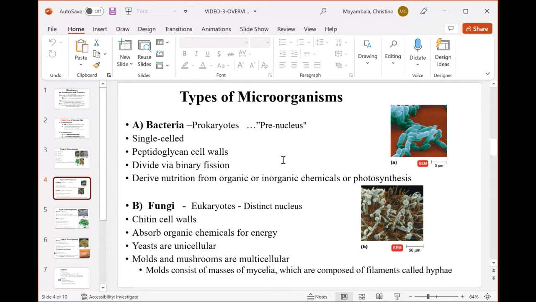We're going to look at the peptidoglycan wall extensively in future videos, because that plays a role in how well they can be treated or what antibiotic can be used to treat those particular types of bacteria, because of the unique characteristics of the cell wall. They divide by binary fission, meaning they just split down the line into 2s and then 4s and so forth, and the other characteristics mentioned.